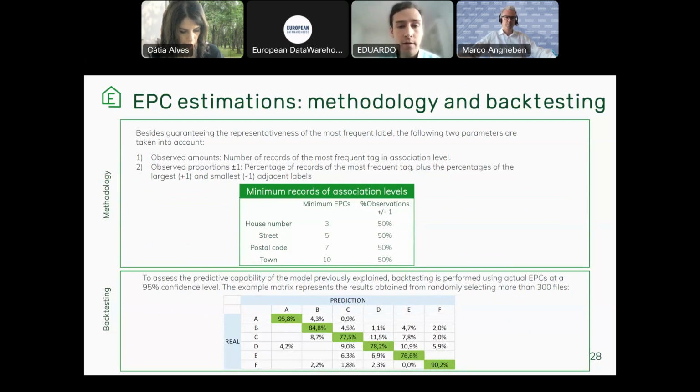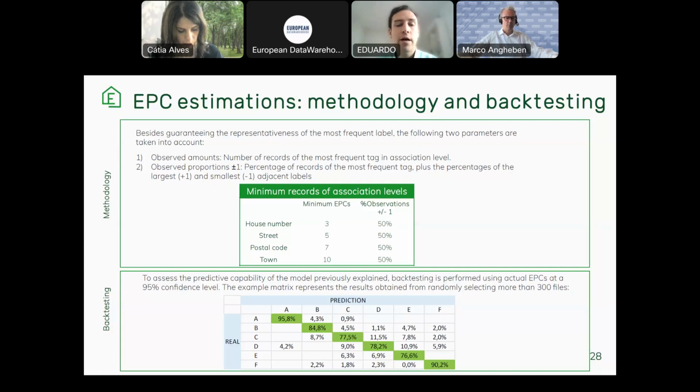Okay, and based on this, diving into the methodology, first of all, as we were saying, the most important thing is to guarantee that the most represented value is the one that is assigned. But for this, there are two conditions that must be met. The first condition is that there are enough observations available, so that the most frequent tag at the association level is good enough.